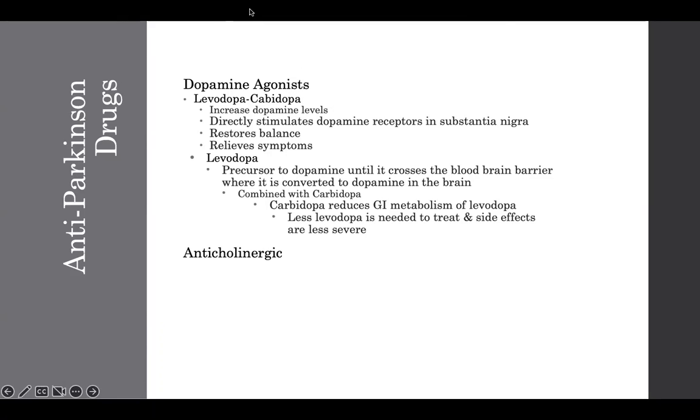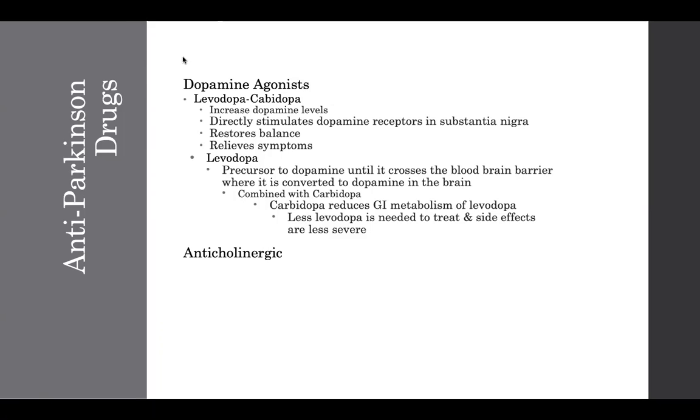Okay, so the most common anticholinergic is going to be benztropine or your Cogentin, and that blocks that parasympathetic nervous system by blocking the action of acetylcholine in the CNS to normalize that acetylcholine dopamine imbalance that's occurring.